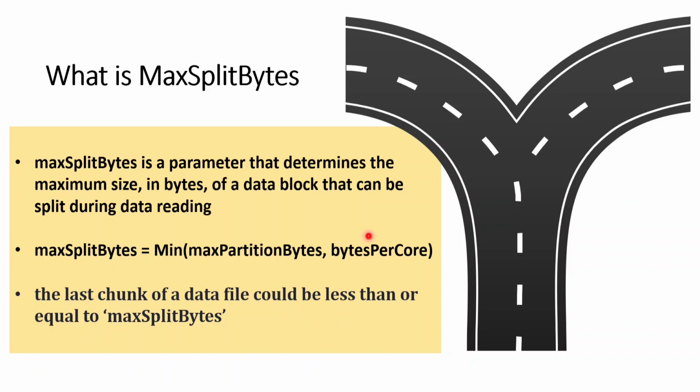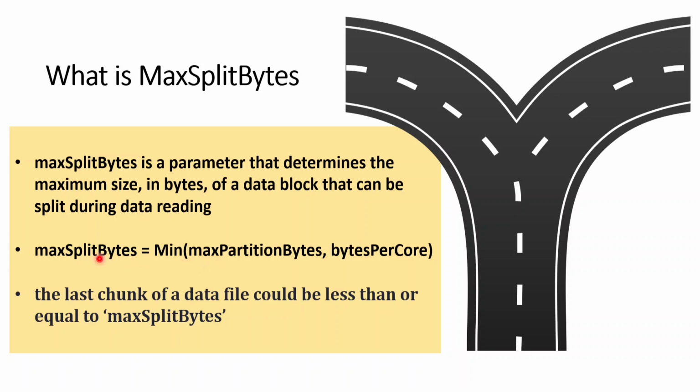I hope you understood. First we need to calculate bytes per core. Basically that is calculated based on those important three parameters. Once that is calculated, max split bytes is calculated using this formula. Based on this value, let's say we have calculated 800 megabytes, and let's say the maximum split size is 100.